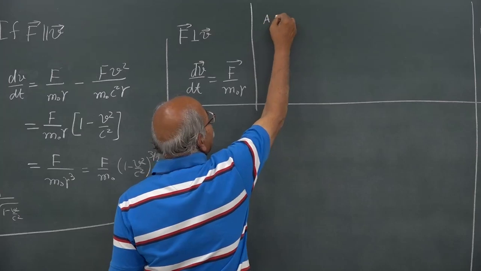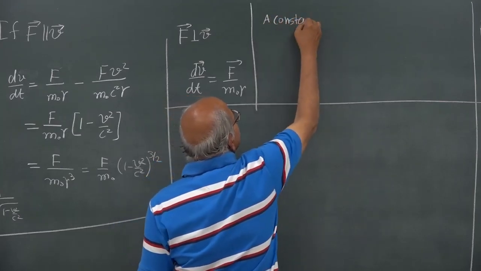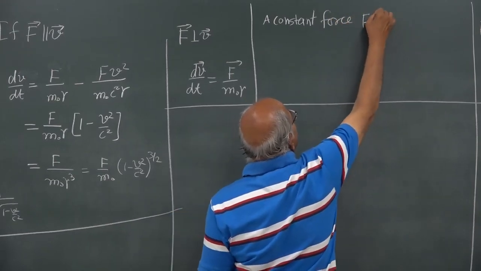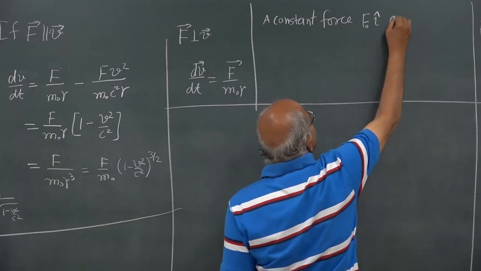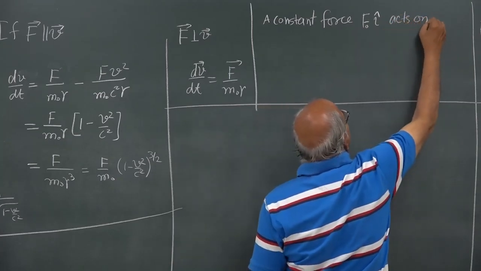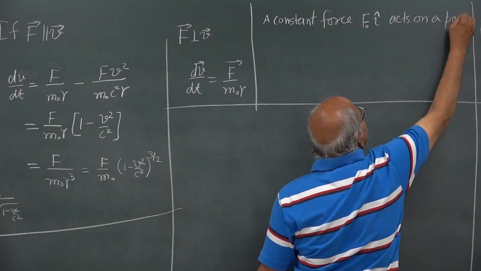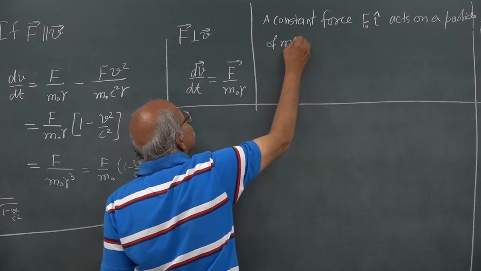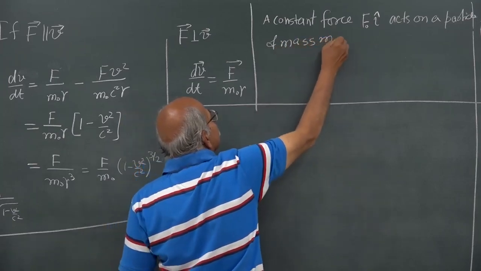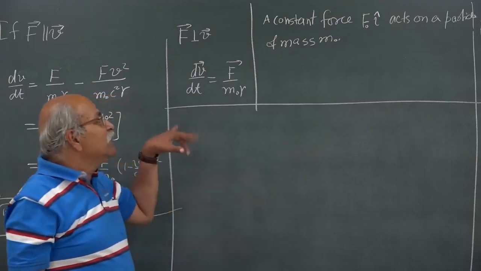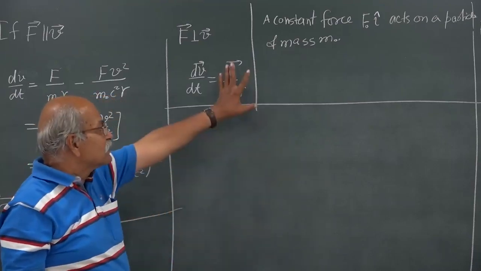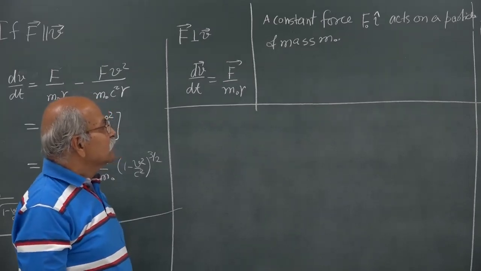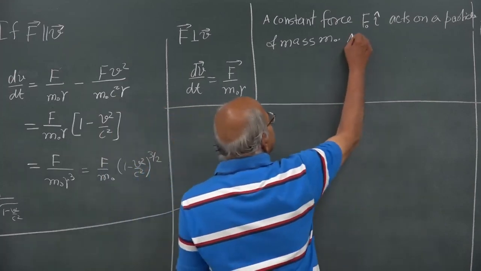So, a constant force, let us say f naught i cap, acts on a particle of mass m naught. I am gradually dropping that idea of rest mass, everything is rest mass and nothing else. So, a constant force f i cap acts on a particle of mass m naught at t equal to 0.